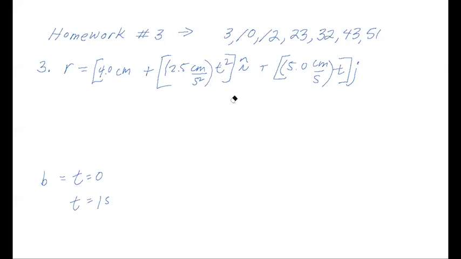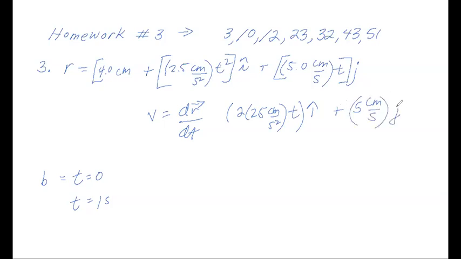To get the instantaneous velocity, v equals dr/dt, and taking the derivative gives me 2 times 2.5 centimeters per second squared times t, that's i, plus 5 centimeters per second j.